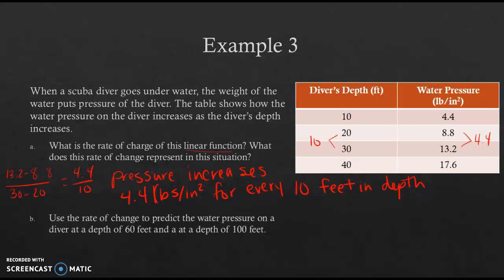So for every time the diver goes 10 feet, another 4.4 pounds per square inch of pressure is added to the diver. That's what that represents.